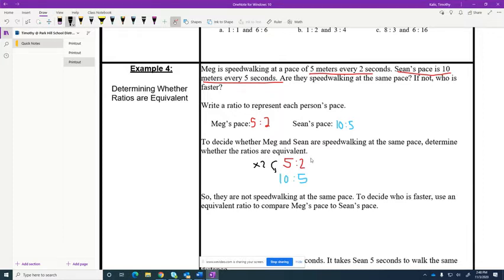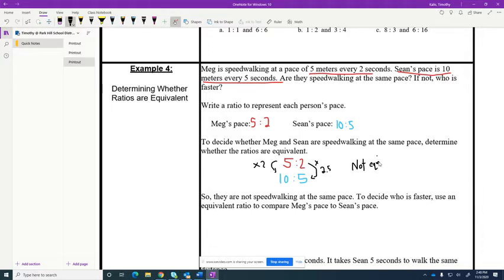Now, to go from 2 to 5, you cannot multiply by 2. You actually have to multiply by 2.5 or 2 5/10. So this tells us that they are not equivalent because we had to use 2 different numbers to multiply. So not equivalent.